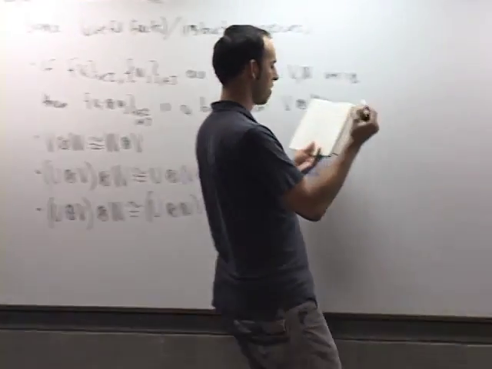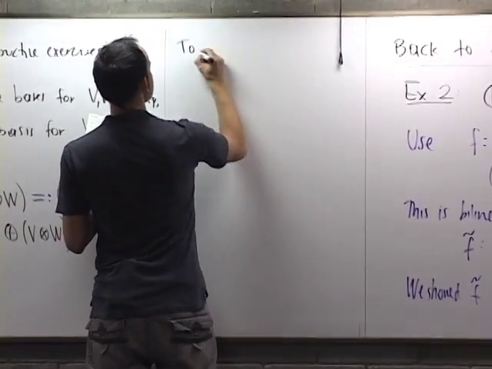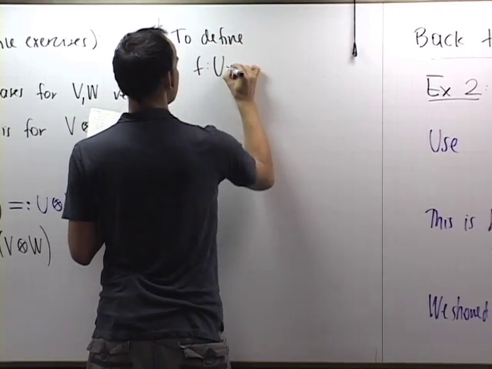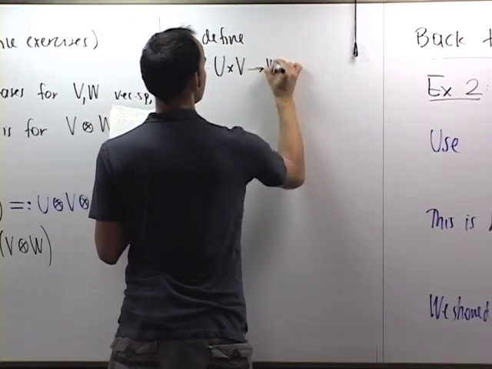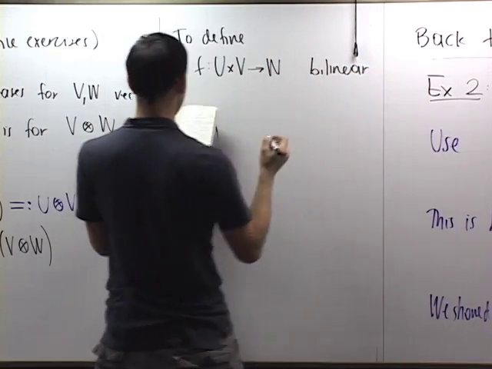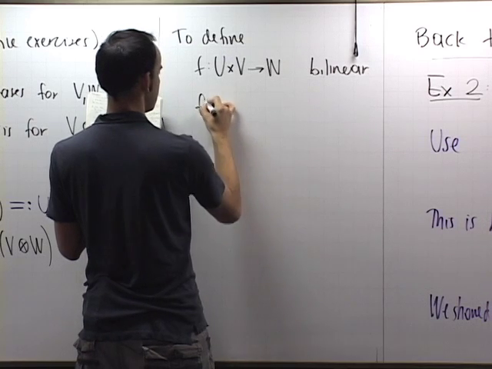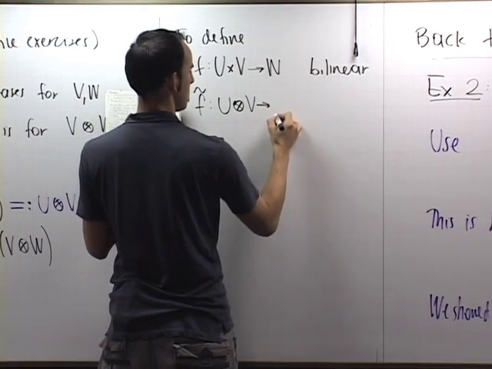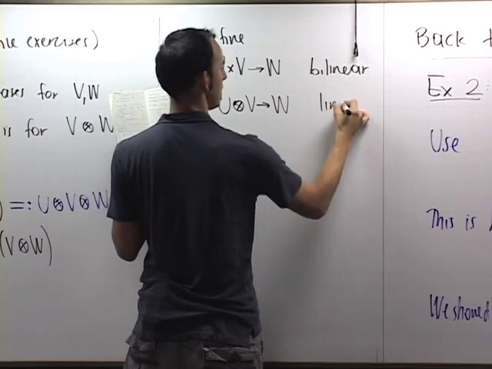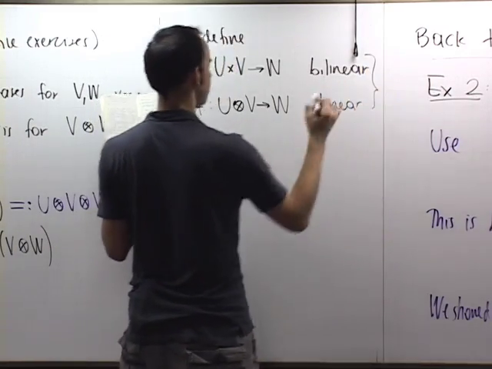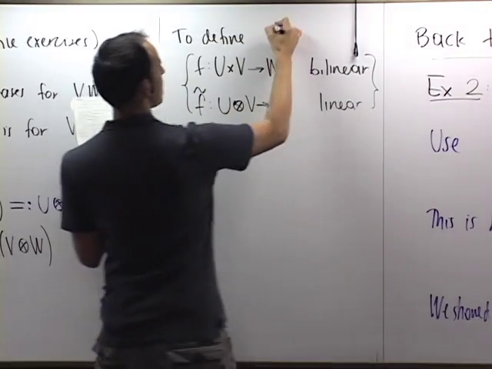Let me make another comment here: if you want to define a bilinear function from, let's say, U times V to W, or what's equivalent, a linear function like this, where U, V, and W are vector spaces.